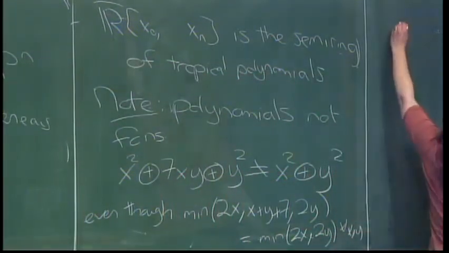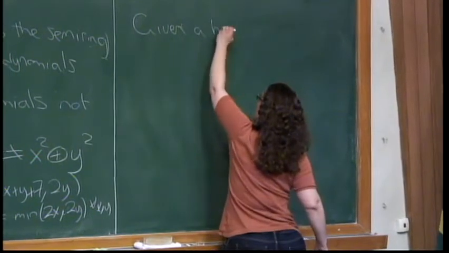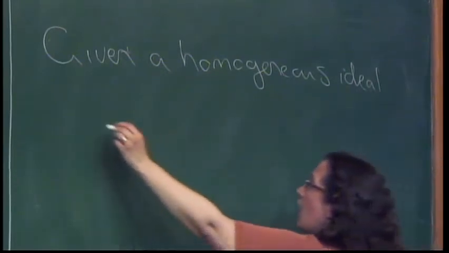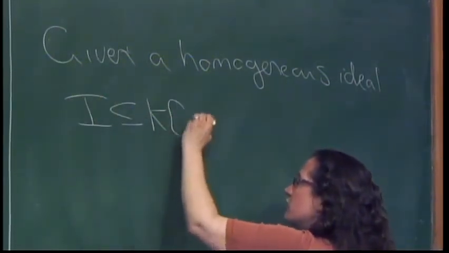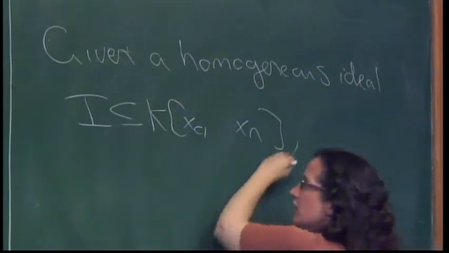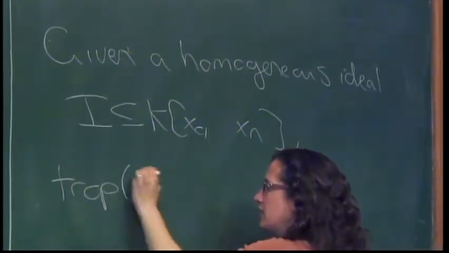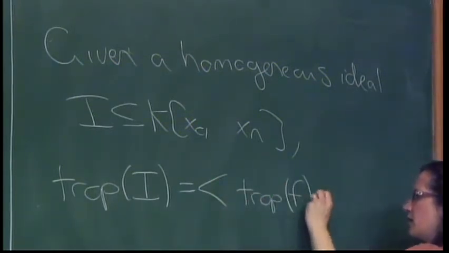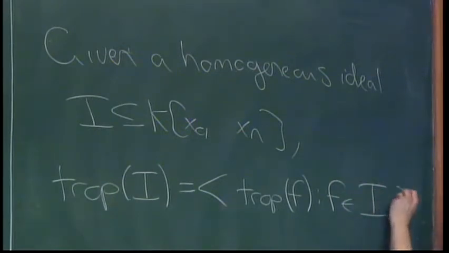So given a homogeneous ideal I contained in K adjoin x naught up to xn, trop of I is just going to be the ideal generated by trop of f for f in I. Okay, so my angle brackets mean ideal generated by, and I find for everything in semi-rings, you always have to pause and check all these elementary algebra operations, yes, they still are true in semi-rings the way you think.